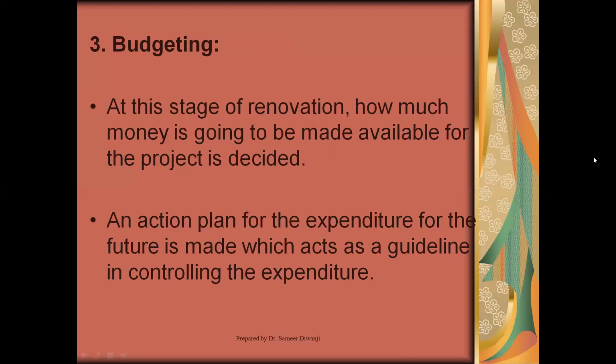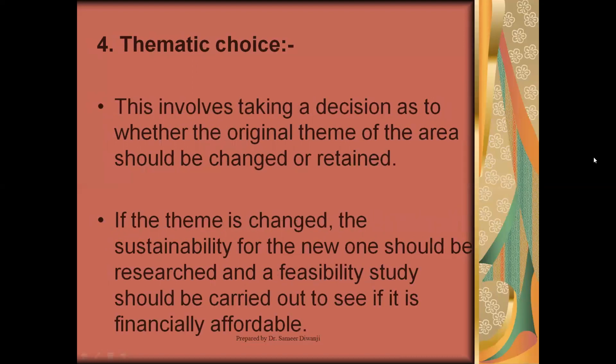An action plan for the expenditure is very important so we can control it, and the entire refurbishment program is within budget. Time is money, money also is money, of course. So money is important, and it's important that you stick to the money.